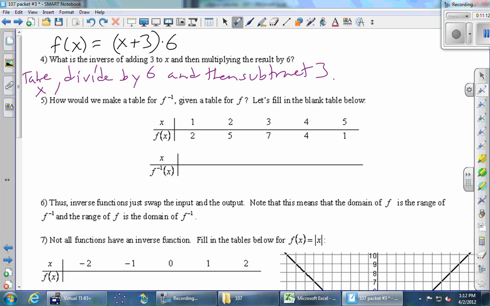Well, you guys just figured out the inverse. I'll write the notation. It's here in purple. It says take x, divide by 6, and then subtract 3. These two functions are inverses of each other.